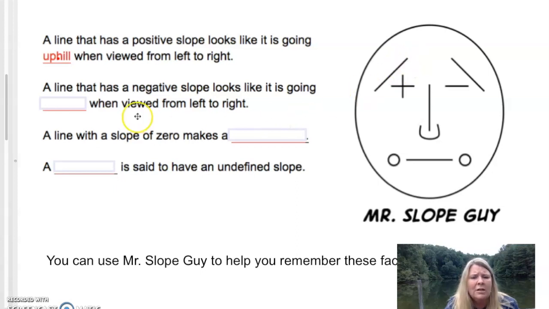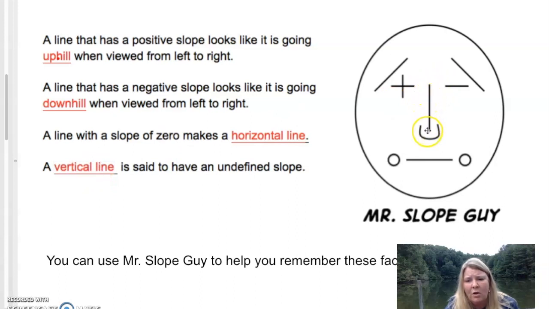So always go back and double check your answer or your graph when you're finished. If the slope is negative, it should be going downhill. If you have a line that has a zero slope, it is a horizontal line. If you have a line that has an undefined slope, then the line is a vertical line.